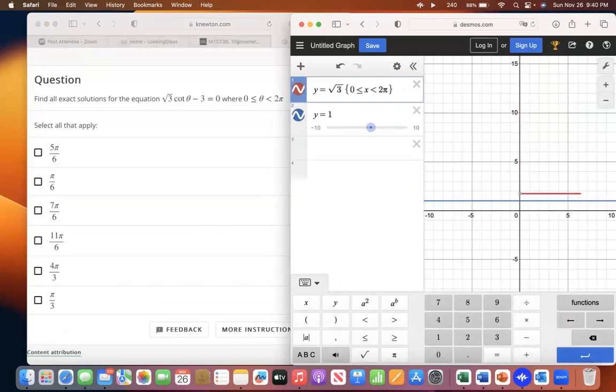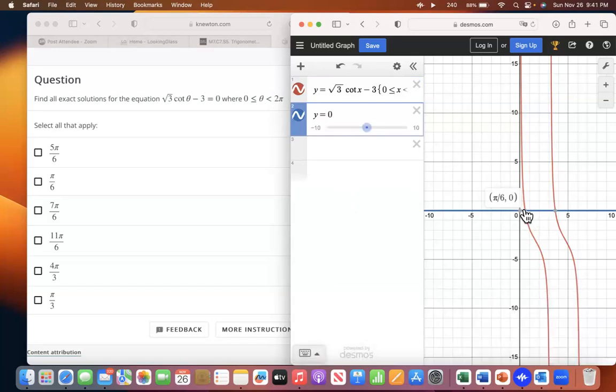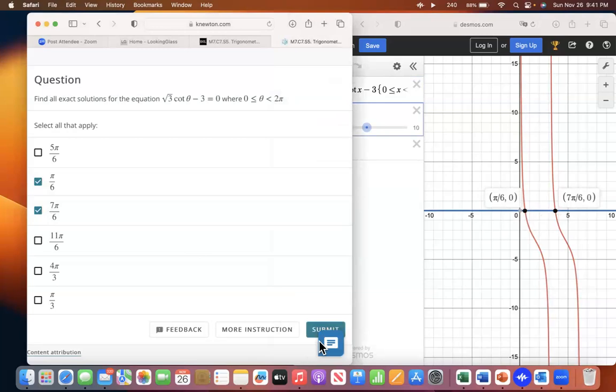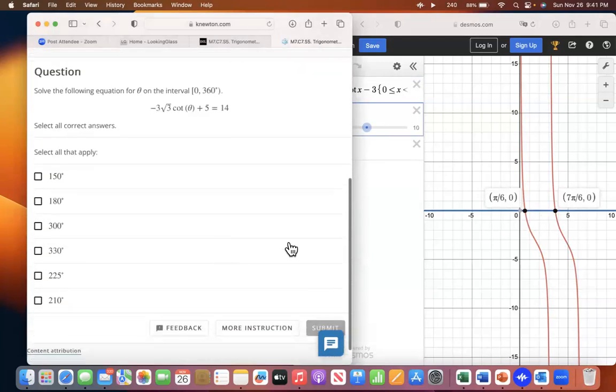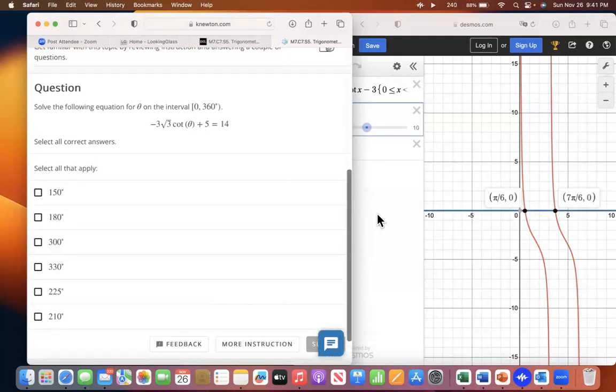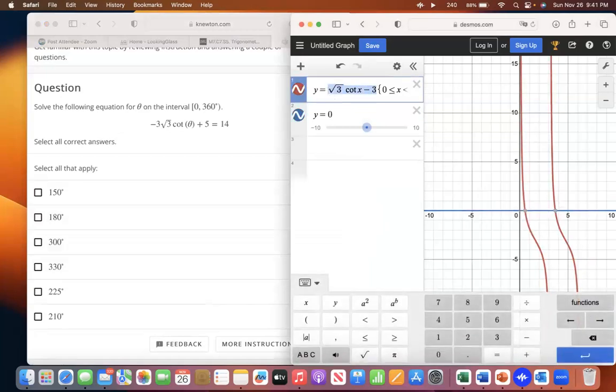You want to get that out of there. 3 cotangent x minus 3. 3 square root of 3 x plus 5.